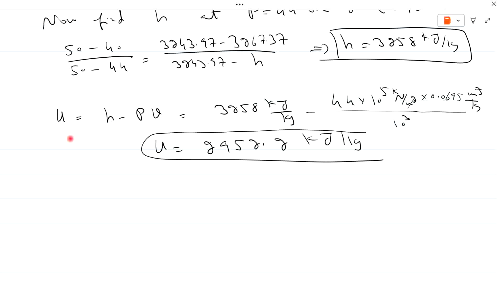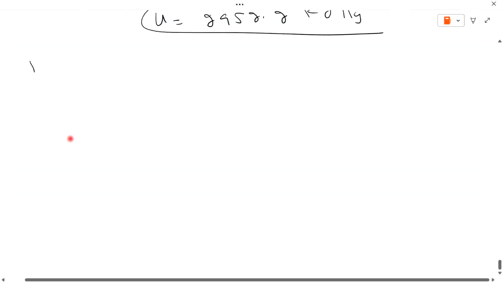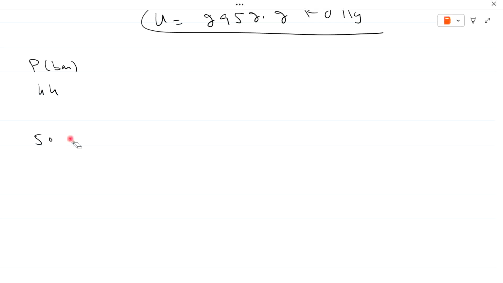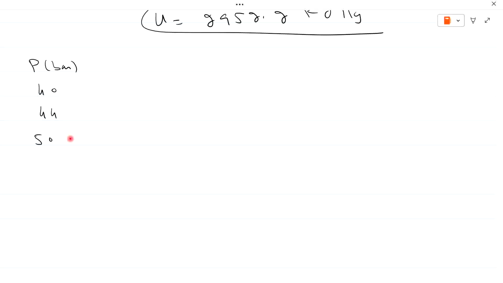And at last, find degree of superheat by interpolation. So pressures 40 bar and 50 bar are available, and we have to find degree of superheat at 44 bar. So degree of superheat in degree centigrade.